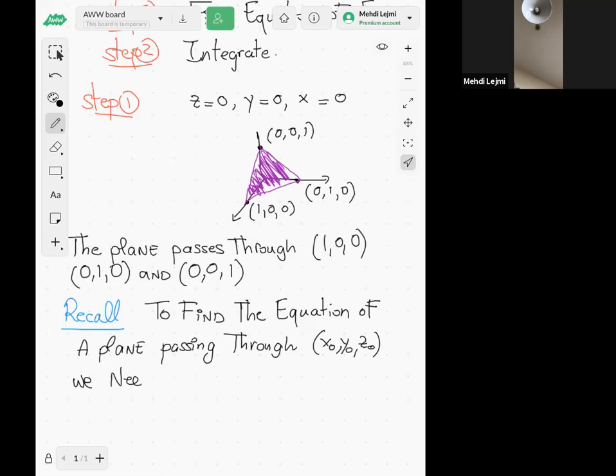We need the normal vector n, let's say a, b, c, orthogonal or perpendicular to the plane.